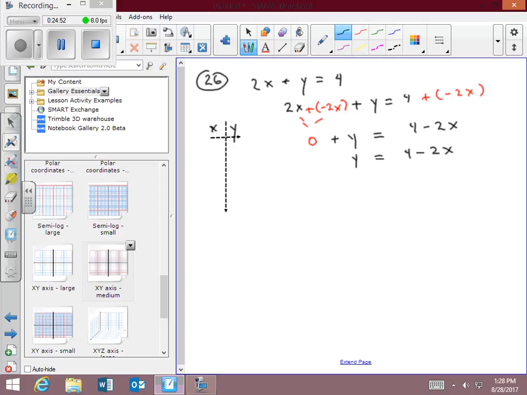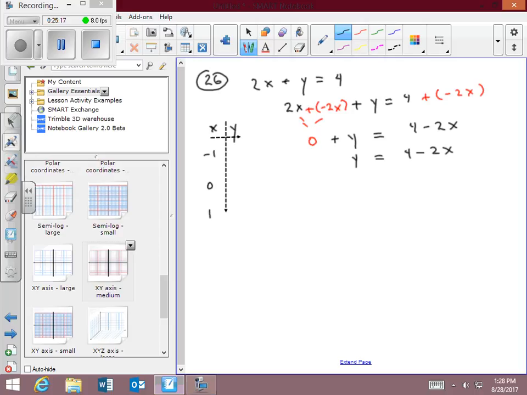Over here, what values would you plug in for x to get points, from what we just did previously? Go with minus 1, 0, and 1, right? They're going to be the easiest. Minus 1, 0, and 1.